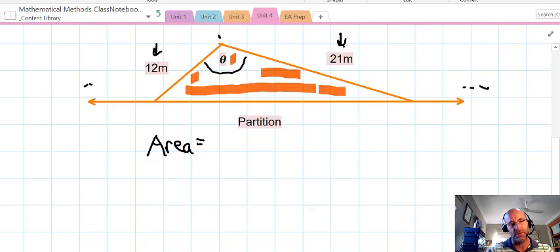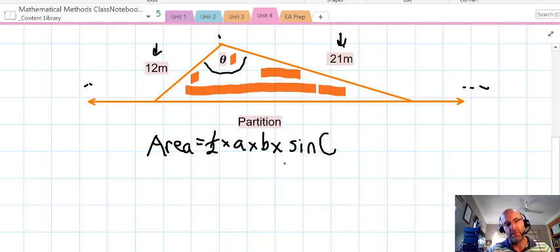So we're going to use this generic formula, which you should have seen at this stage: half times side A length times side B length times sine of the angle opposite side C. The symbols change, as you know.